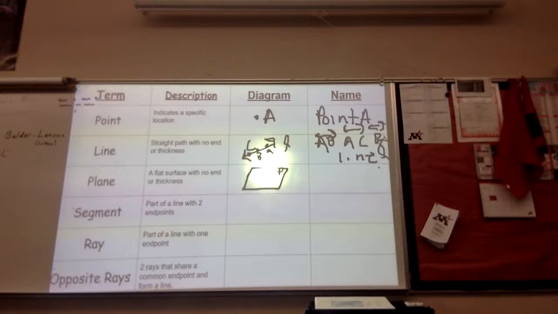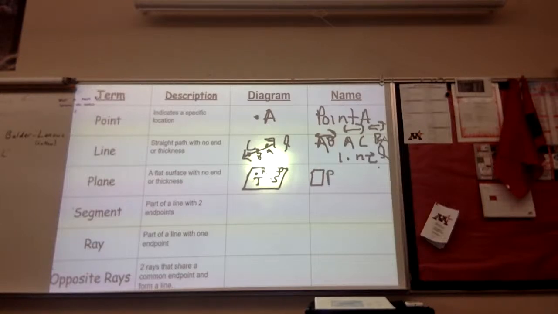Sometimes you can put points on it. Let me make a circle. R, S, T. Those are points. So some ways you can name it is you can make a little square and put the 3 points that are on there.